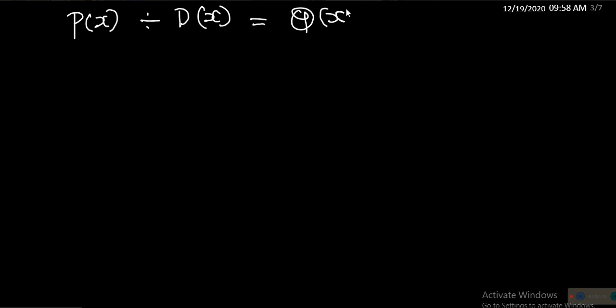Now if you divide a polynomial p of x by a divisor d of x, your answer should be q of x, the quotient, plus the remainder. So p of x divided by d of x equals q of x plus r of x, and r of x is called the remainder.